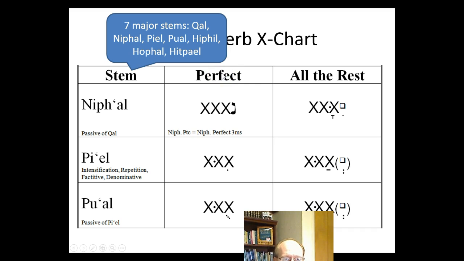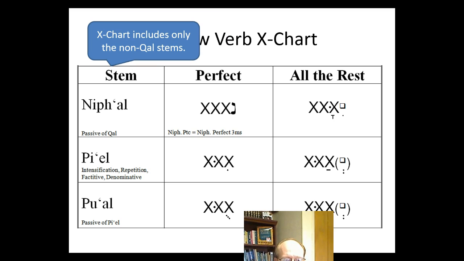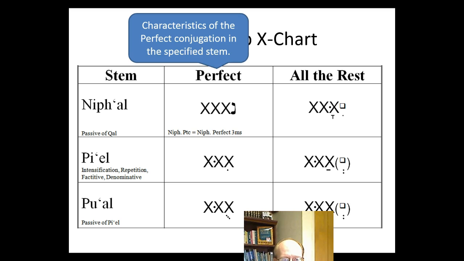The 7 major stems that your textbook just referenced are the Qal, nifal, piel, pual, hifil, hofal, and hitpael. The X chart includes only the non-Qal stems. So Qal is the only stem that is left off of the X chart because there's no need to learn its peculiarity since it's the standard form that everybody learns.